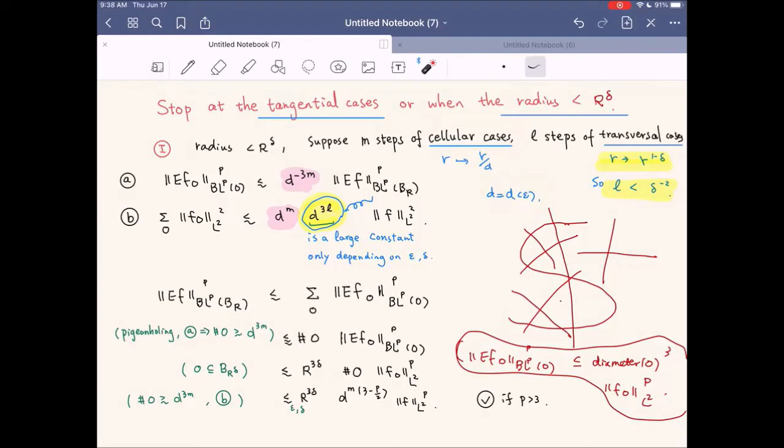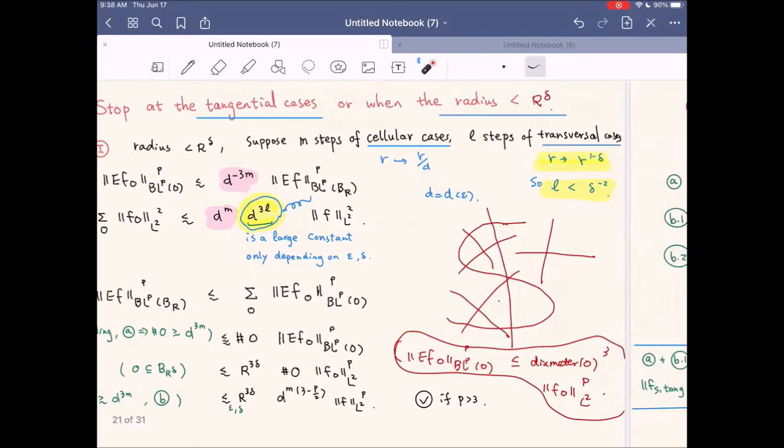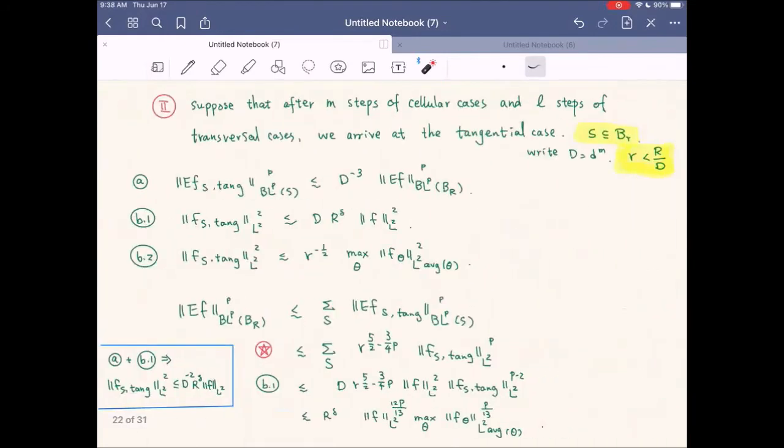So if there are no further questions, let me go to the interesting step. That is, what happens when the tangential case is dominant? So now suppose that after m steps of cellular cases and L steps of transversal cases, and those m and L can happen in all different orders, we arrive at the tangential case.